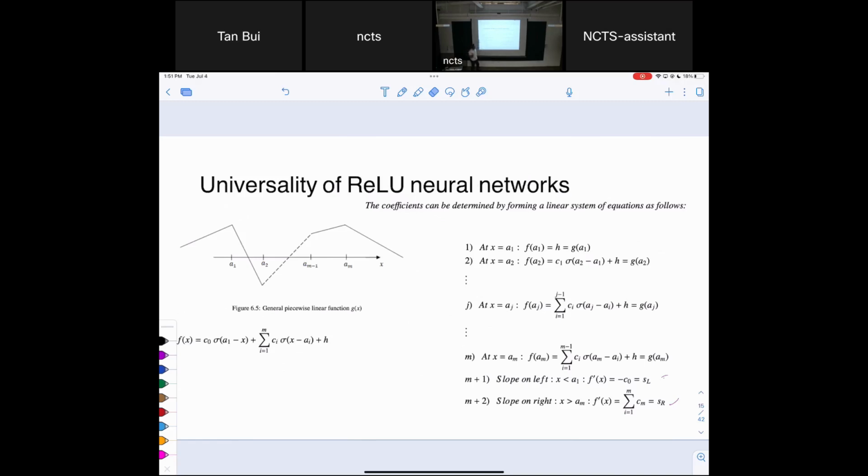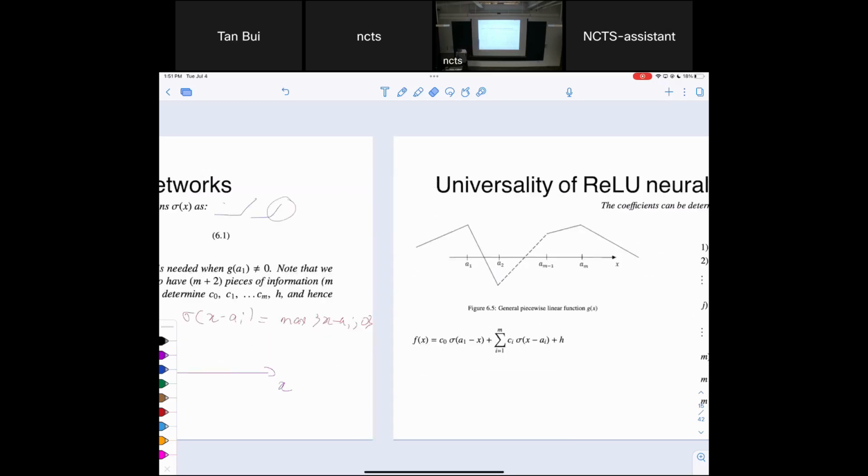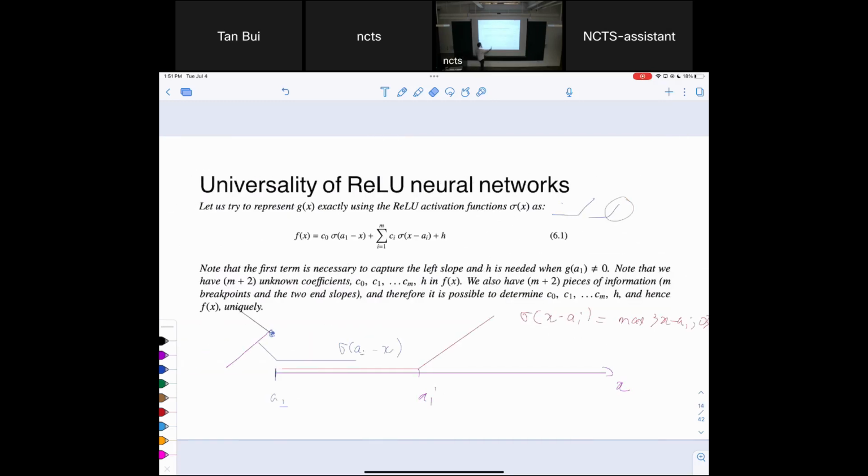Amongst this sum, it turns out there's only one non-zero term; the other terms are 0. Remember, if the ReLU function is on the right, anything here is going to be 0, and anything on the left is going to be 0.